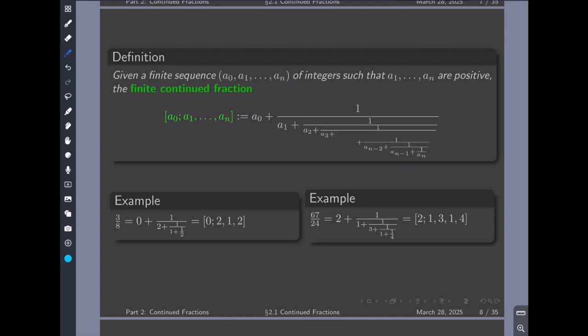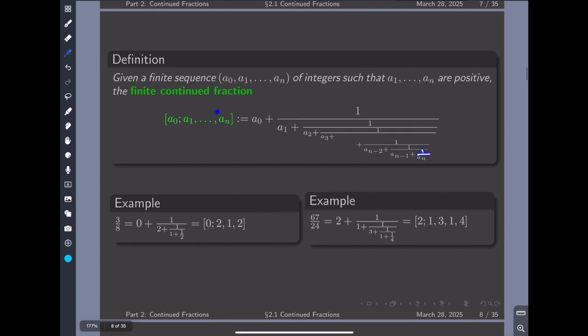Like start with the last one, but then take 1 divided by the last one, yeah? and then add the second to last one, 1 divided by that, the third to last one, 1 divided by that, etc. That's what I mean by that.